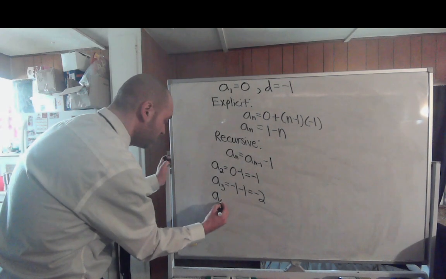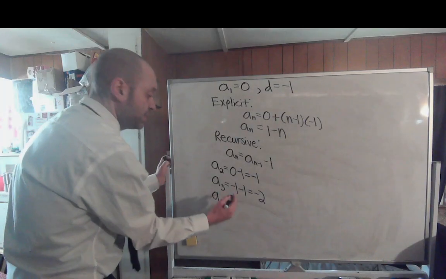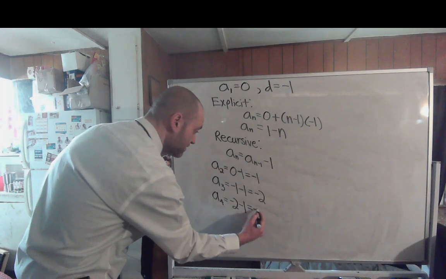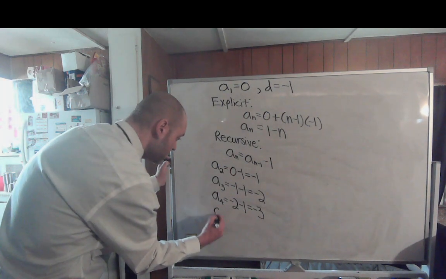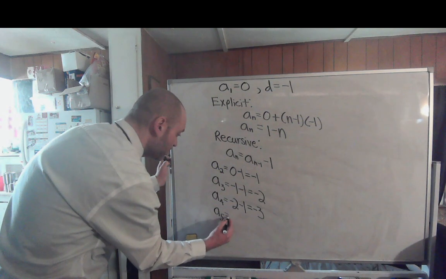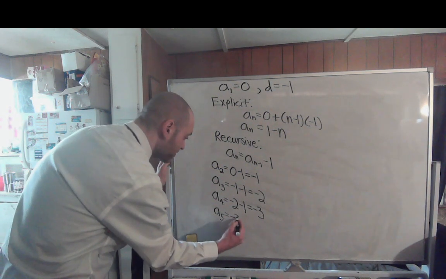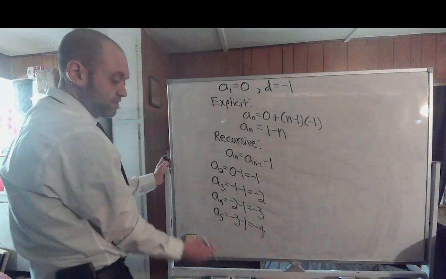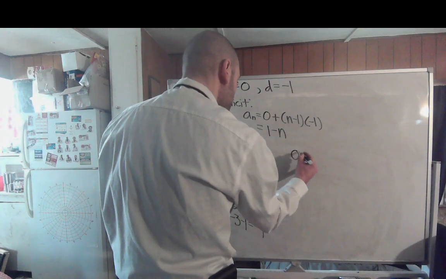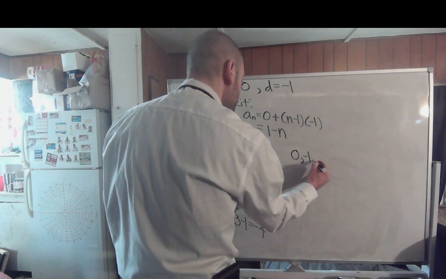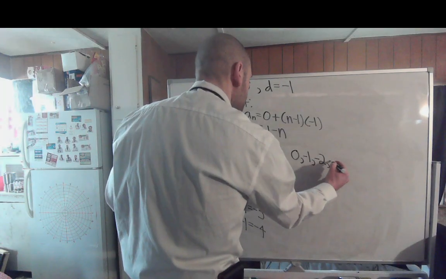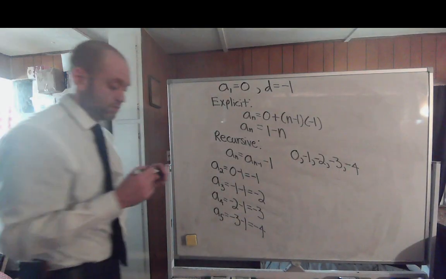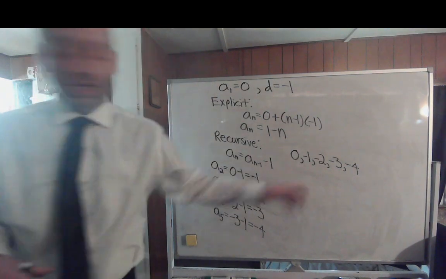A sub 4 would equal a sub 3, which is negative 2, then minus 1 would give you negative 3. Then a sub 5 would equal a sub 4, which is negative 3, minus 1, which would give you negative 4. So the first 5 terms of the sequence are going to be 0, negative 1, negative 2, negative 3, and negative 4. Those are the first 5 terms of this particular sequence.